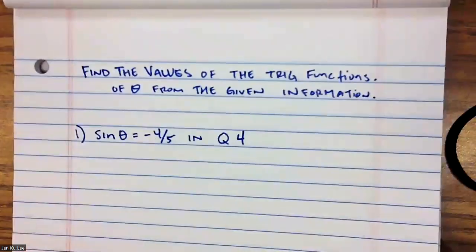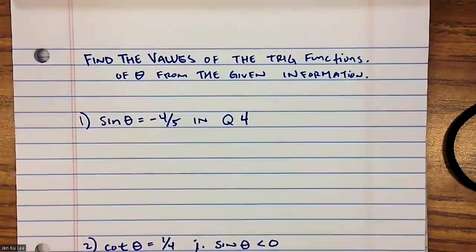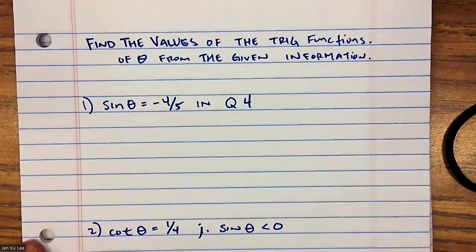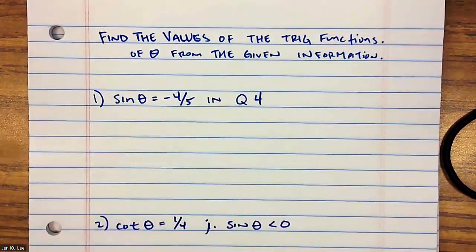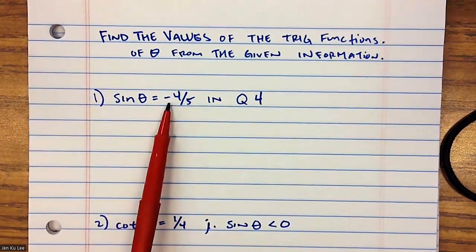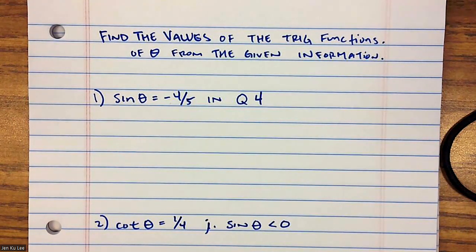Now I want to do this. Find the values of the trig functions of theta, all 6 of them, from the given information. So you're given that sine of theta is -4/5 in the 4th quadrant. Whenever we have these problems in this section of the trig unit, my first instinct is to draw that reference triangle.